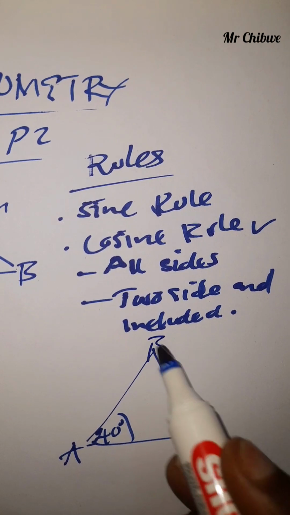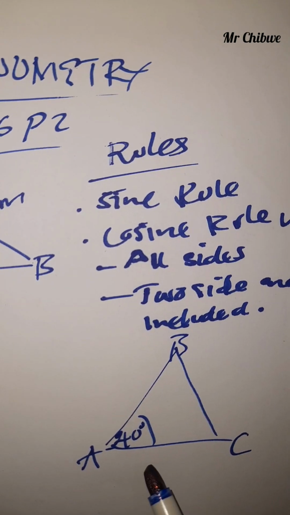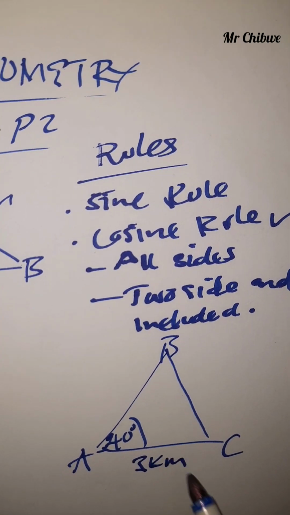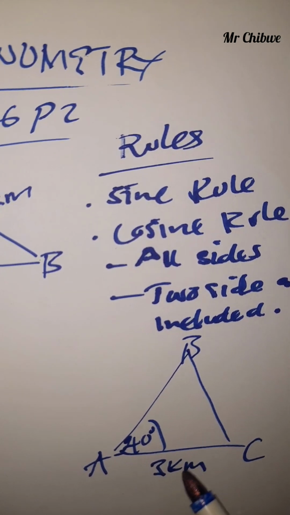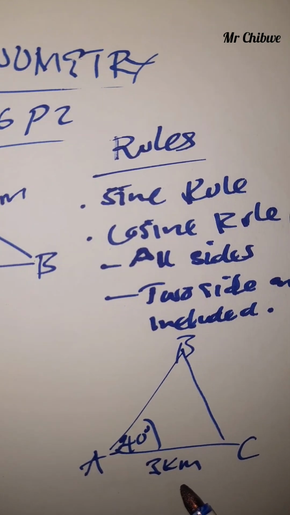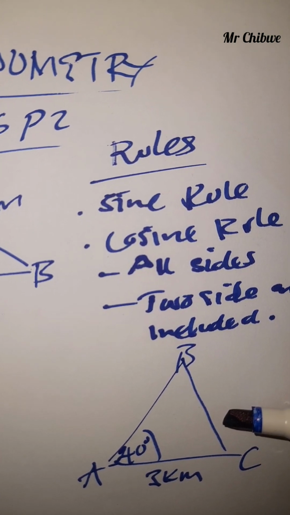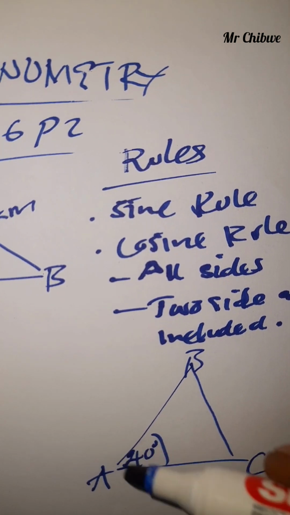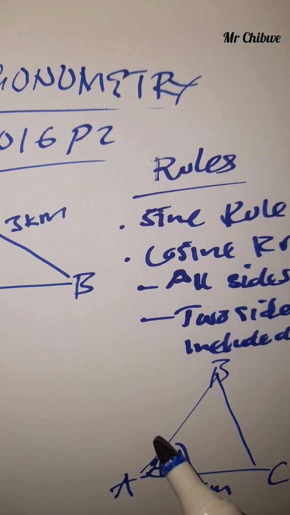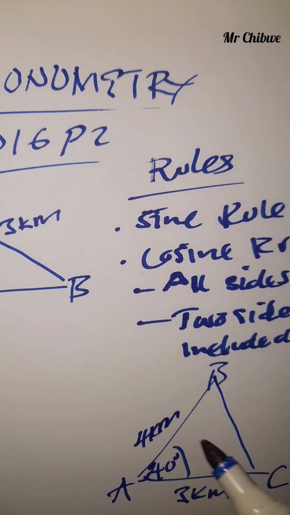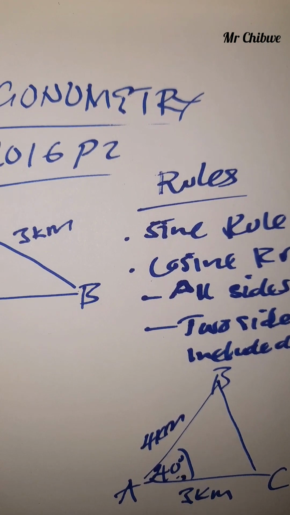Let's say angle ABC, and here, let's say 3 kilometers. An included angle means that the angle should be in between two sides. So we can't put a side here because this angle won't be in between these two sides. So automatically the side will be here, and this is an included angle.